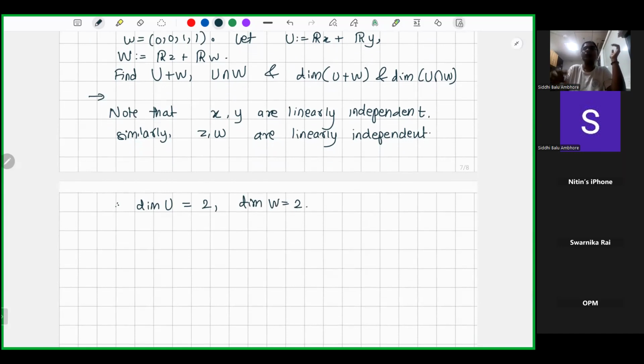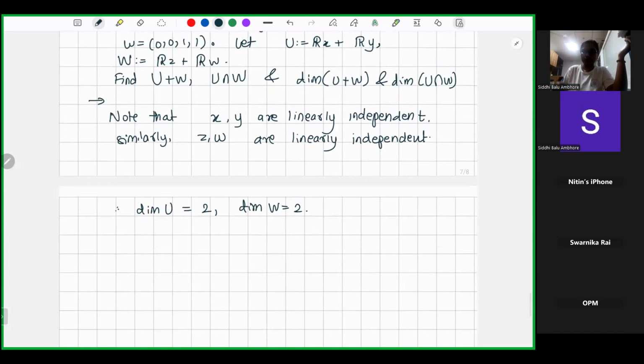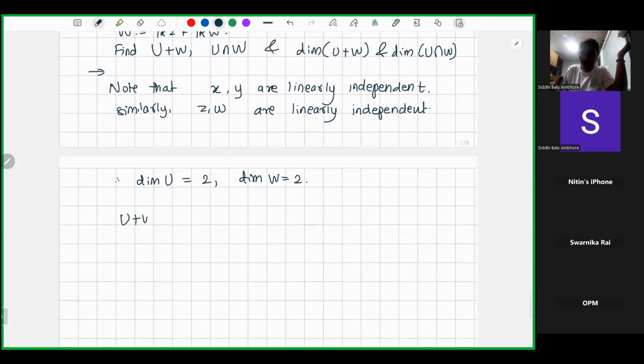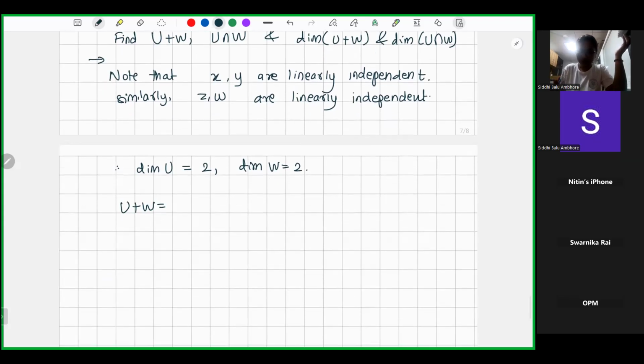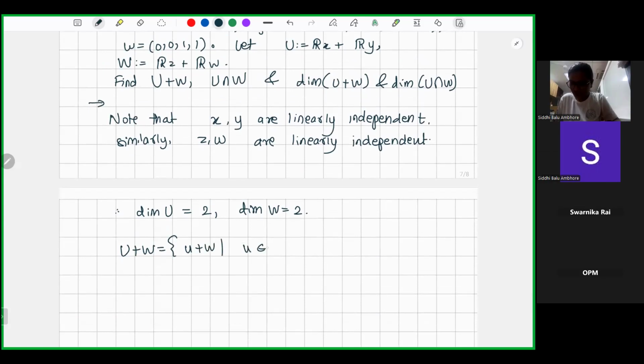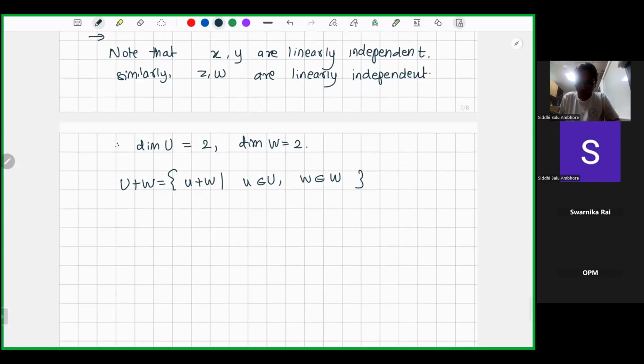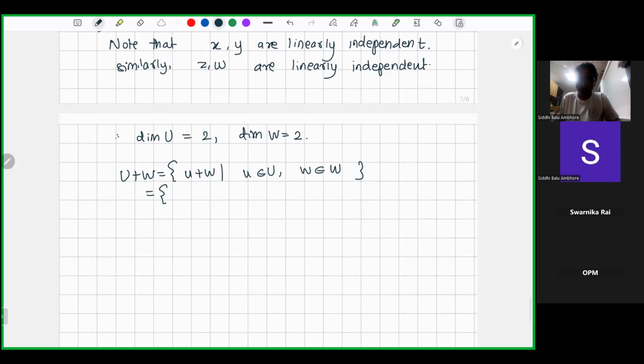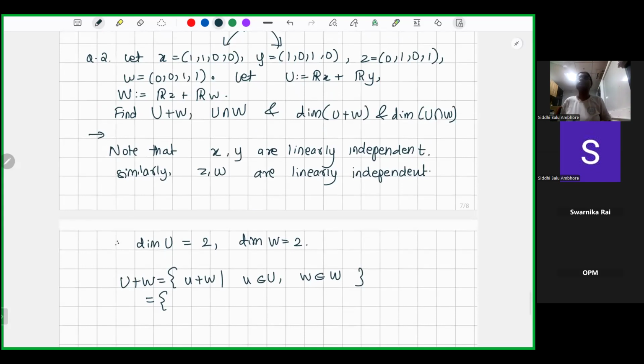But anyway, in the question, we are explicitly asked to find what U plus W is. So U plus W is what? U plus W is the addition of both this U and W, where u is in U and w is in W. So how do elements of U look like?